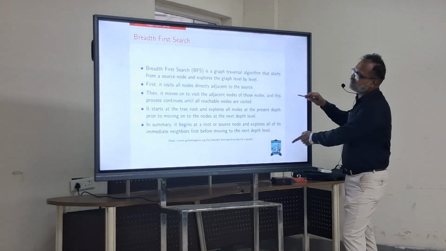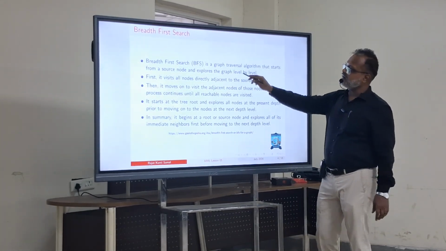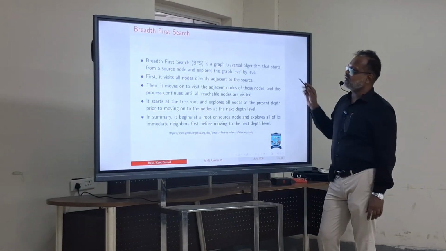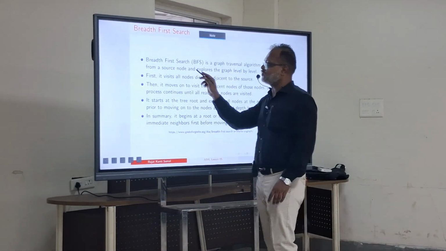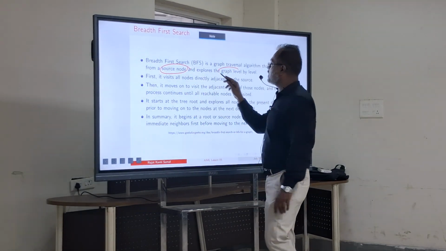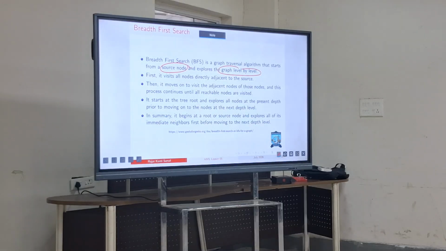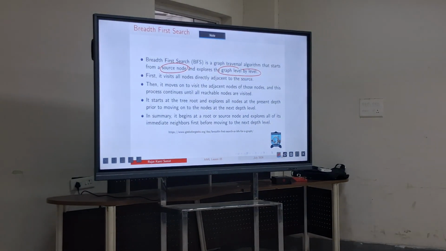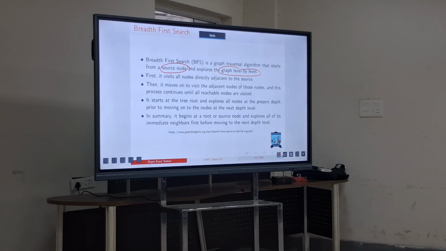Okay, so what is the breadth first search? It is a traversal algorithm that starts from a source node and explores the graph level by level. Take a typical competitive GATE paper. In the first level, you don't spend too much time on a single question.